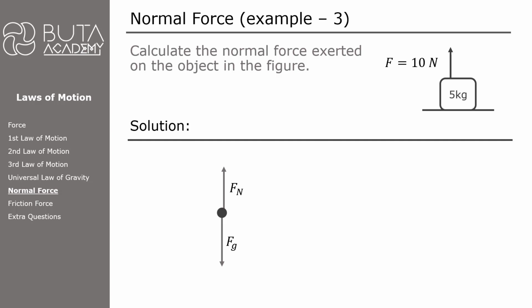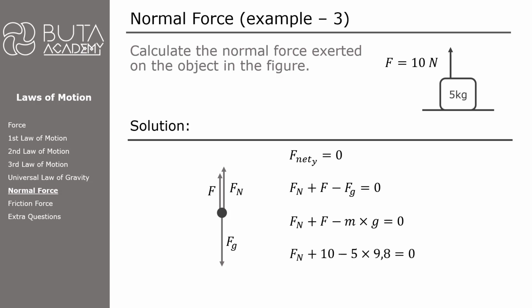Instead of drawing it downwards, now we will draw it upwards. As a result, in the equation, it will have a positive value as opposed to its value in the previous question. So, the equation becomes normal force plus 10 minus 5 times 9.8, and it is equal to 39 newtons.